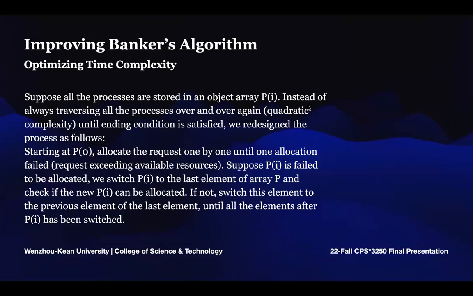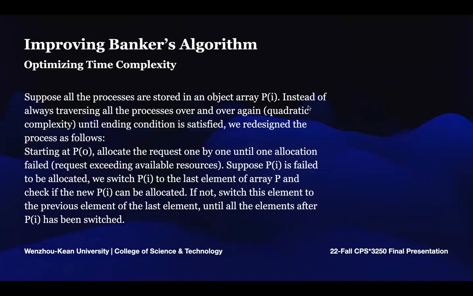Now I'm going to introduce the optimized time complexity Banker algorithm. Now we will translate the Banker algorithm into Java, and we find that we have to use a double loop to achieve the goal. However, we change the recheck process.